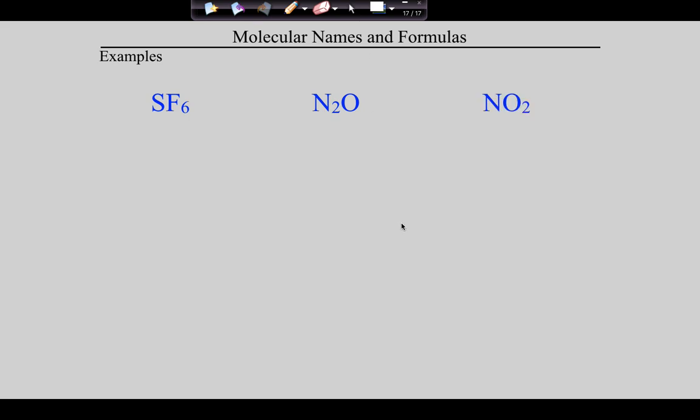Let's do another one. Looking over here on the right, another form of nitrogen and oxygen bonded together. Notice now, though, we've only got 1 nitrogen, and nitrogen is first. Therefore, we do not call this mononitrogen, we just call it nitrogen.